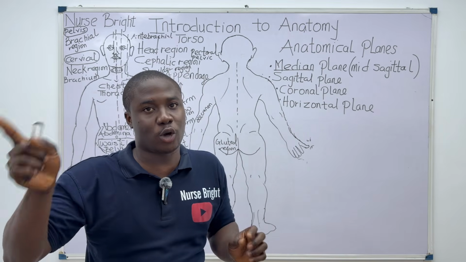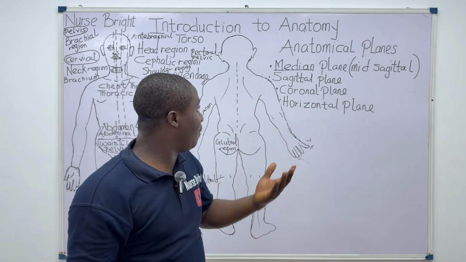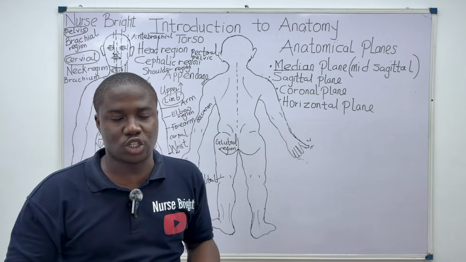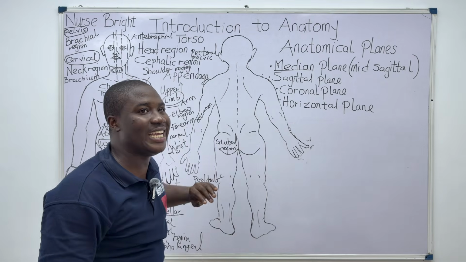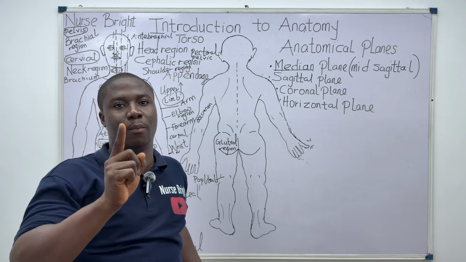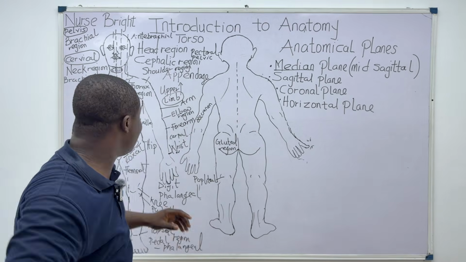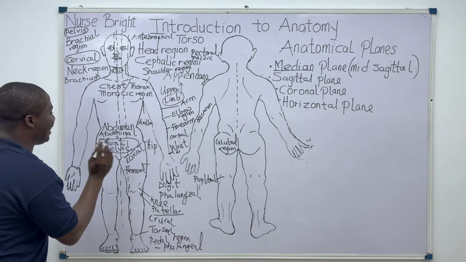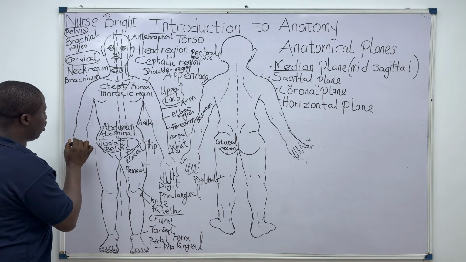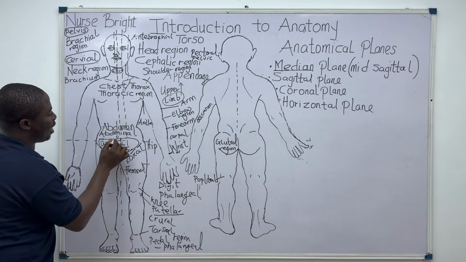Normally the coronal also cuts into two portions, the anterior and the posterior portion. But the horizontal cuts from the center of the body. Using this individual to explain the horizontal plane, the plane will come from maybe the waist region.